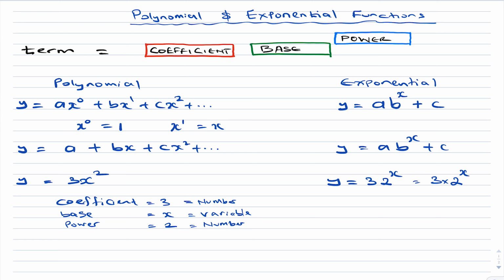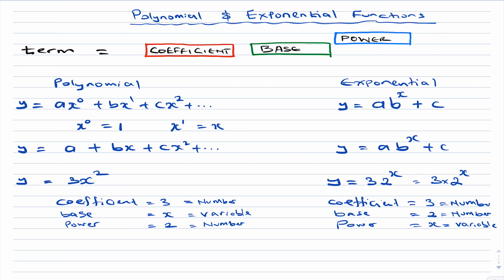So in this case, I have a coefficient equals 3, and the base equals 2, and the variable, or the power, so the power equals x, which is the variable, and then the coefficient is a number, and the base is also a number.